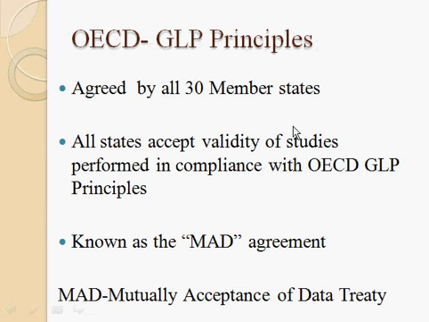As I told you, OECD GLP principles were agreed by all 30 member states. All states accept validity of studies performed in compliance with OECD GLP principles. I told you about the MAD treaty, MAD agreement, that is mutual acceptance of data.